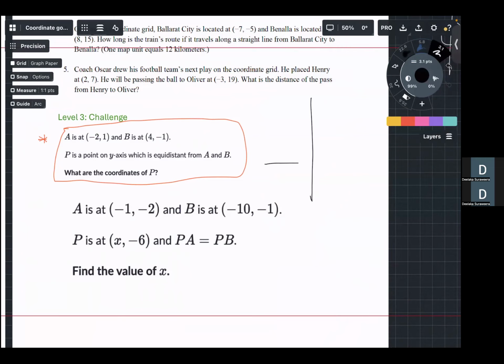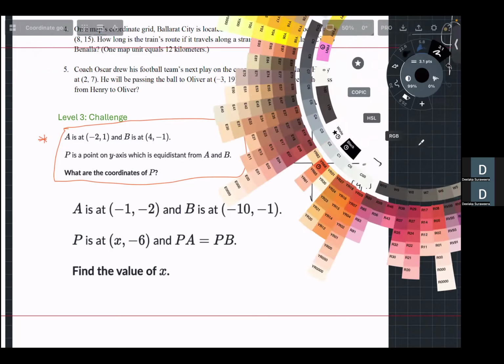What is equidistant? It's the same distance from A and B. So the distance from A to P is the same as the distance from B to P. Like A is (-2, 1) here. B is (4, -1). And there's some point on the y-axis, which is somewhere here, maybe somewhere here.